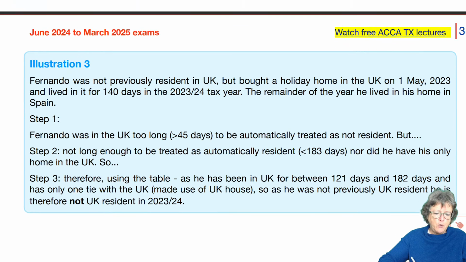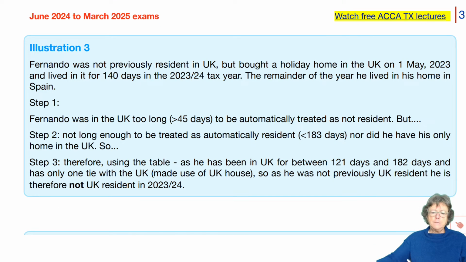A little bit more complicated. Illustration number 3. Fernando has not been previously resident in the UK but bought a holiday home here in May 23 and lived in it for 140 days. The remainder of the year he lived in his home in Spain. Step 1. Fernando was in the UK for too long to be treated as automatically not resident. But step 2.